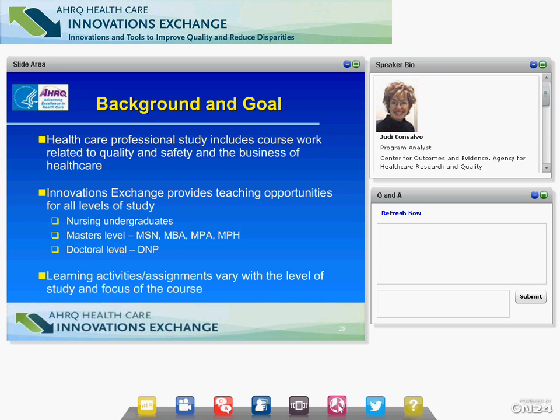So if you're doing a training program and looking for innovations related to pediatric health or the elderly, there are subject areas that you click on and it brings up specific innovations and quality tools for your subject. The other place that it's important is geographically. You can sort and look at innovations and quality tools by geography, so across the country, however you want to look. That's a capacity that it has as well. Next slide, please.